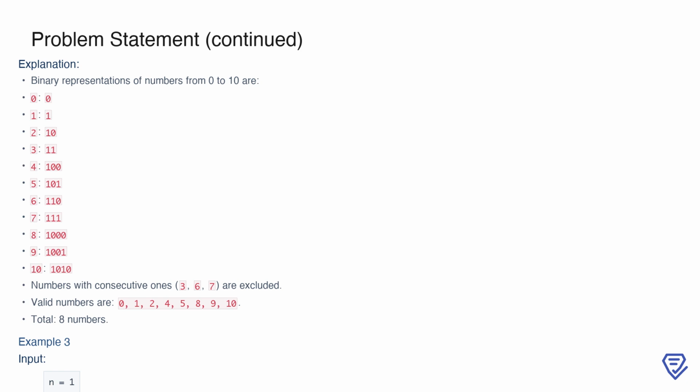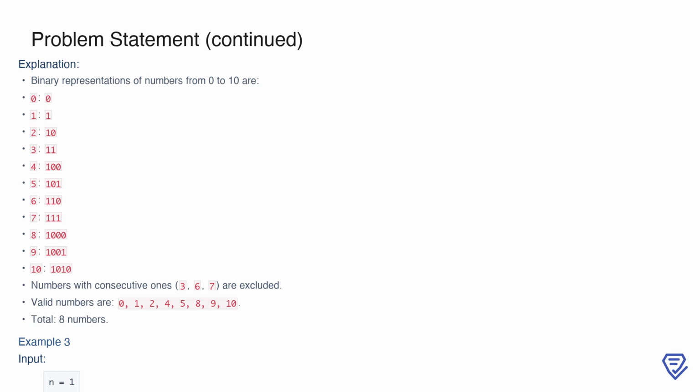Out of these, we exclude all numbers with consecutive ones. Specifically, 3 (11), 6 (110), and 7 (111) are invalid because they contain consecutive ones. This leaves us with the valid numbers 0, 1, 2, 4, 5, 8, 9, and 10. Counting these, we find that there are 8 valid numbers in total.